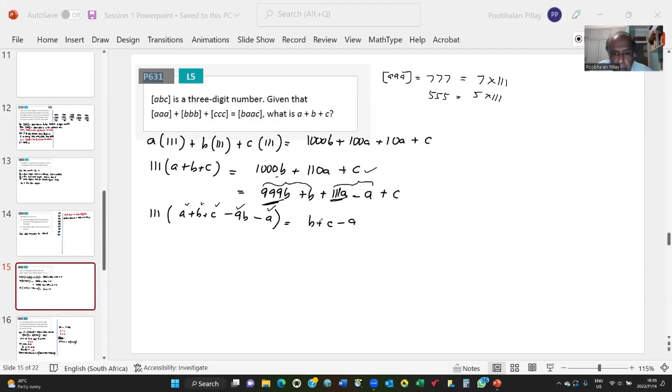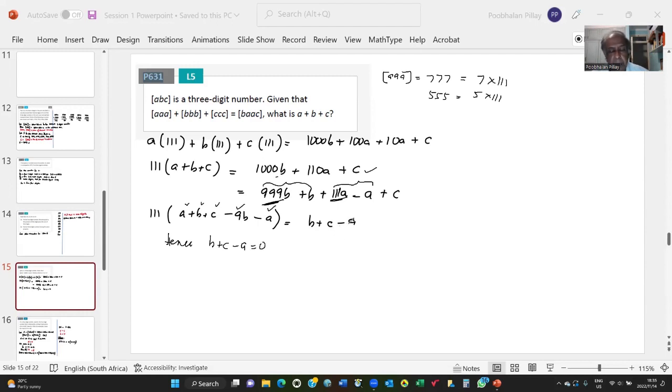Now these are all digits, all one-digit numbers, between 0 and 9. So how can that be a multiple of 111? 111 times something is equal to this. It's impossible. The only way is that B plus C minus A equals 0.